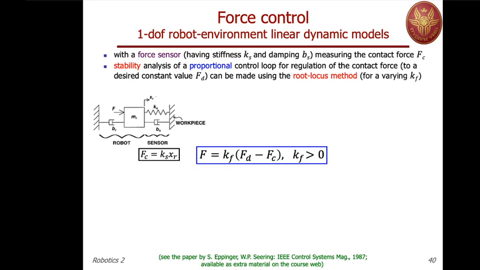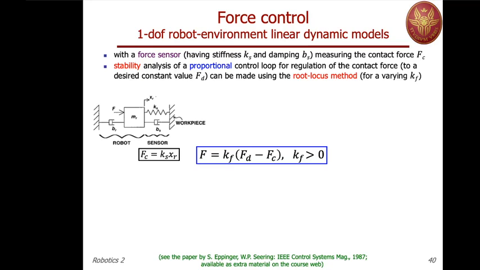You can look at the localization of the closed loop poles when you change Kf, and for those of you who have a basis in control, there's a very nice method called the root locus method, which essentially parameterizes the location of the closed loop roots in terms of the control gain Kf.